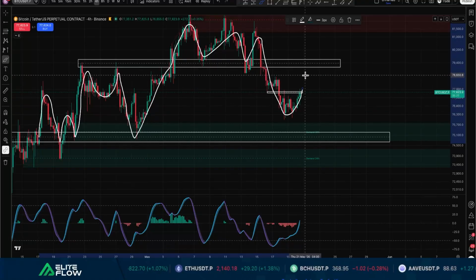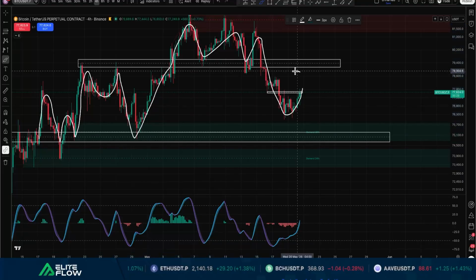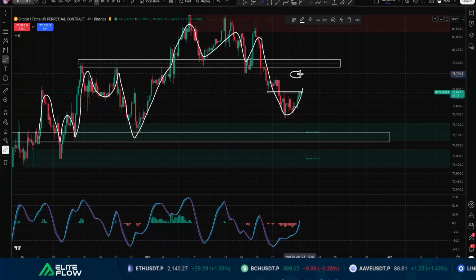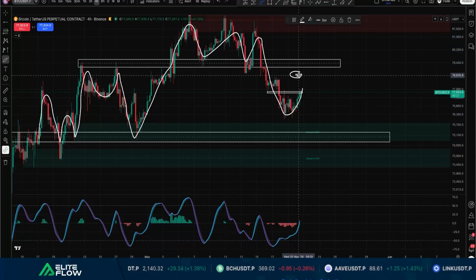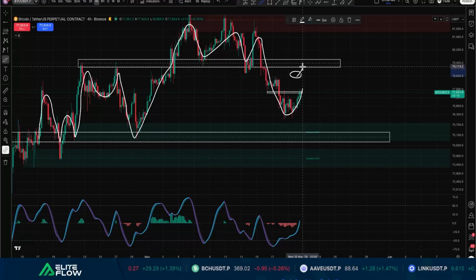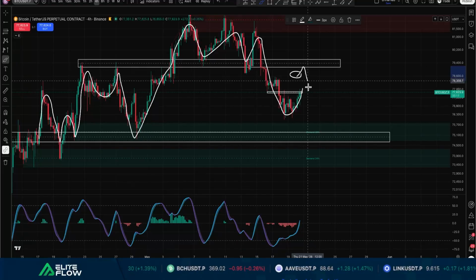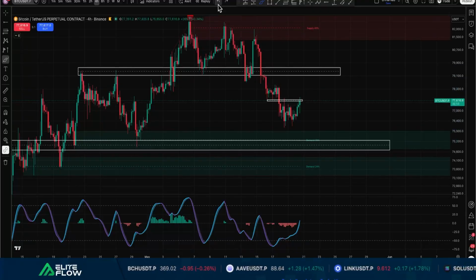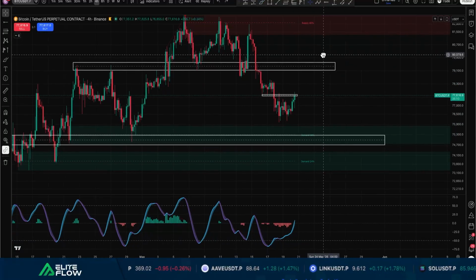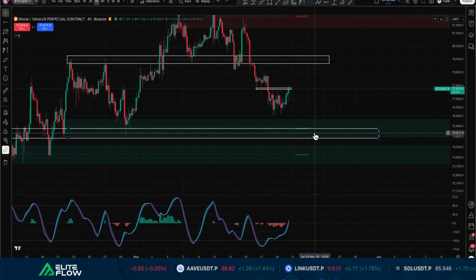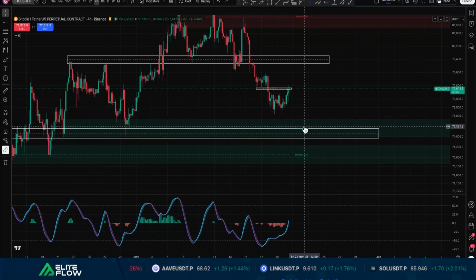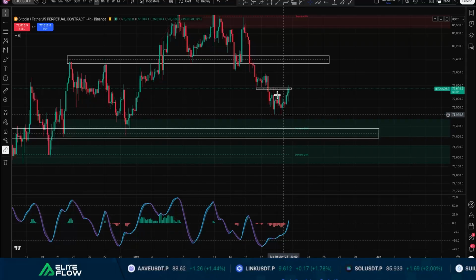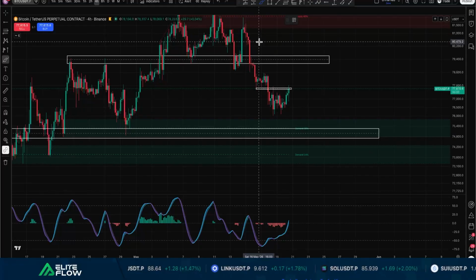My prediction is going to be around this area, and I'm going to tell you why. I would not mind a slight deviation to the top side of this channel to then get a test back here. Now, as we can see even more, we have got a 4-hour order block just there, which we haven't tested yet, by the way.